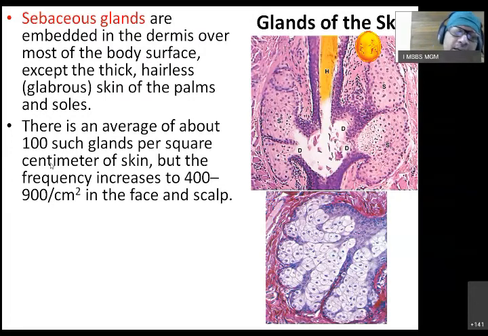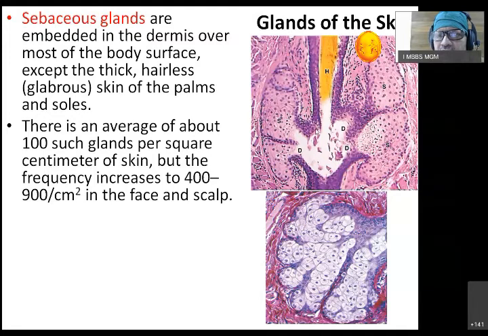And that's why in the scalp or in the face, we can get a sebaceous cyst. Usually, the sebaceous gland opens in the hair follicle. Many times, these ducts are blocked, because of thick secretion under the influence of androgens such as testosterone. The opening is blocked, and swelling will be seen beneath the skin.